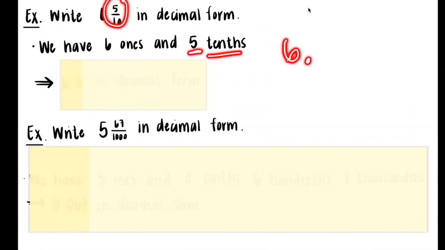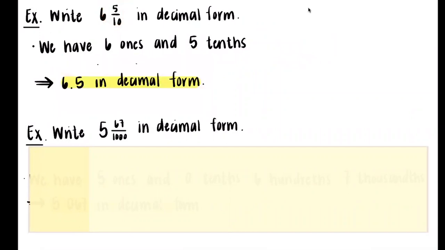So it's saying it's going to be in the tenths. Well, the tenths is immediately after. So that implies that this will then look like 6.5. So again, that's the nice part. Whatever whole numbers we have, that will go to the left. And then the decimal part, we just have to look at, well, what is it out of? So again, in this case, it's telling us that it's in the tenths place value.